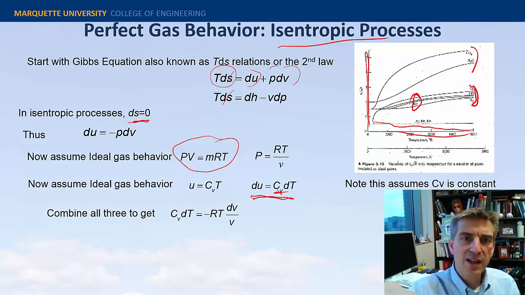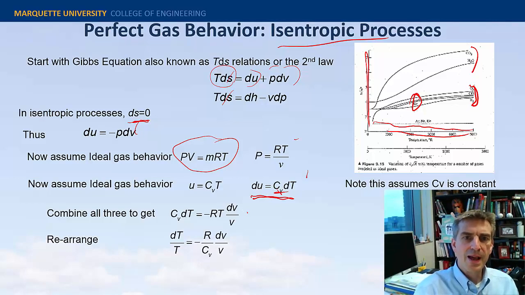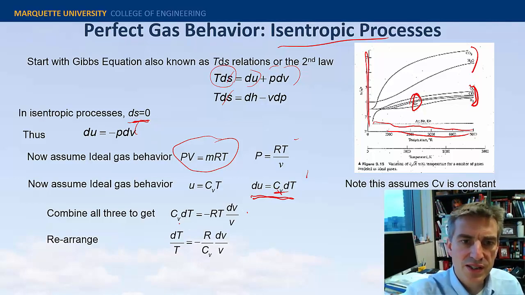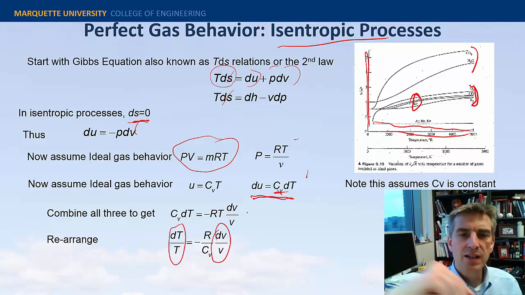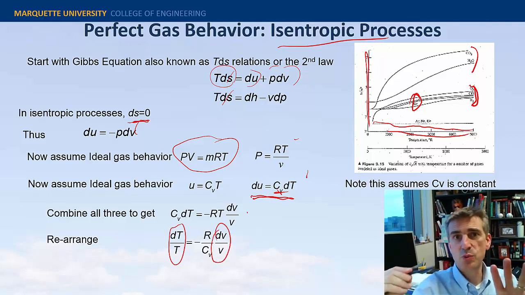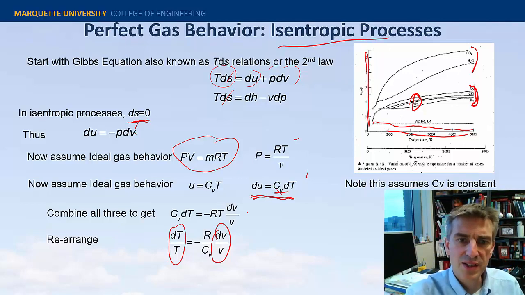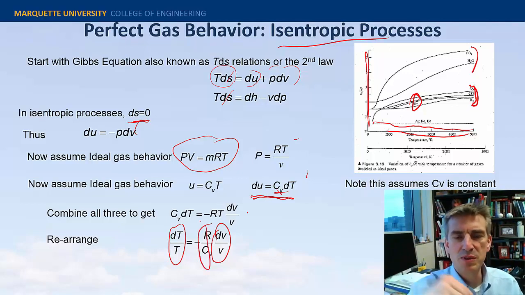So if we combine this and this and this together, we get a relationship like that. And then if I rearrange this, you can see that I've really got dT over T equals minus R over cv times dv over v. So that's ready to integrate, because this R over cv we're assuming is a constant.